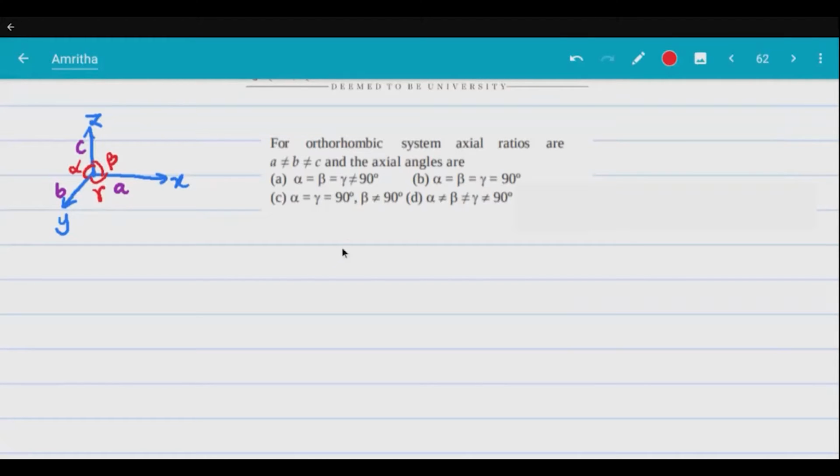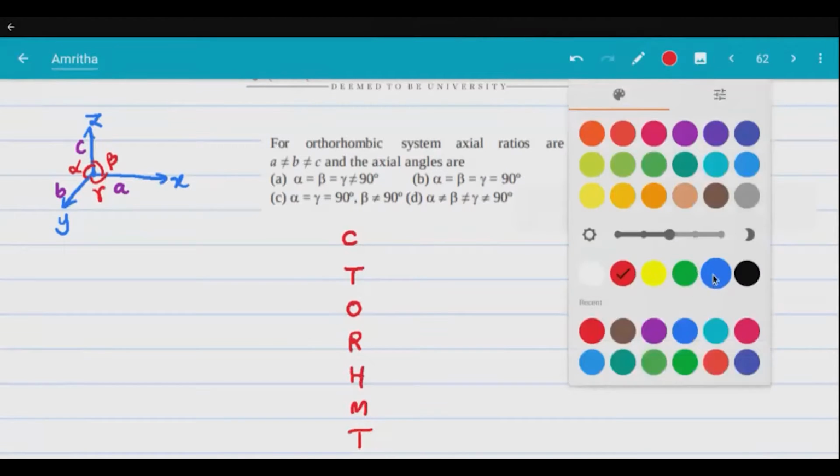Look at this: CT or HMT. This is our trick to remember the seven crystal systems. Sir, what is CT or HMT? One by one, we'll decode this.